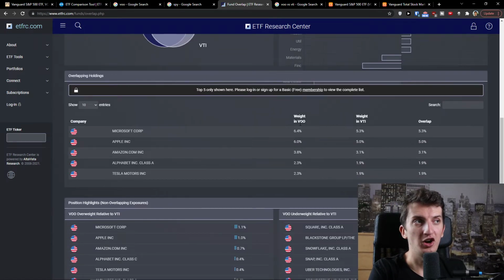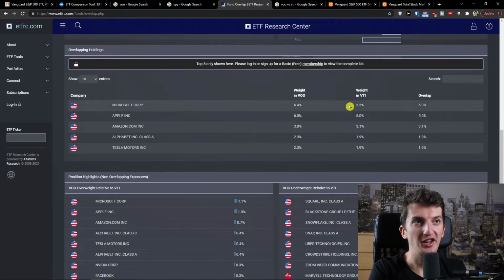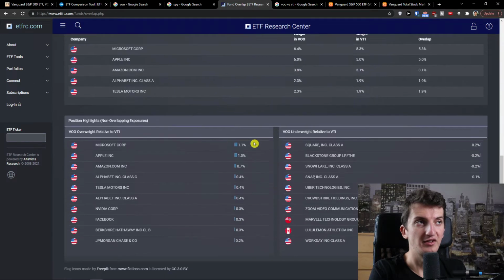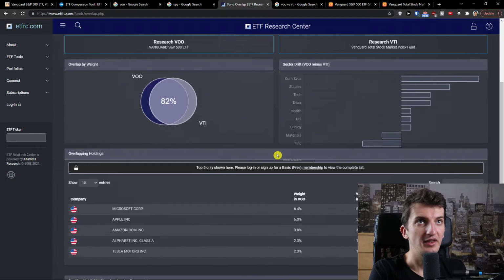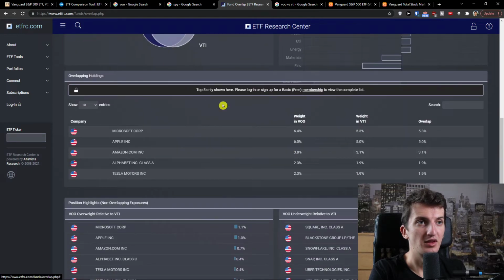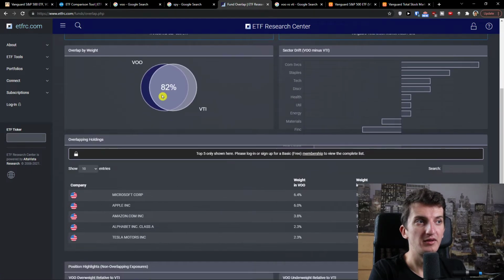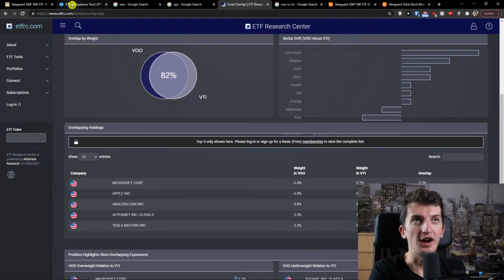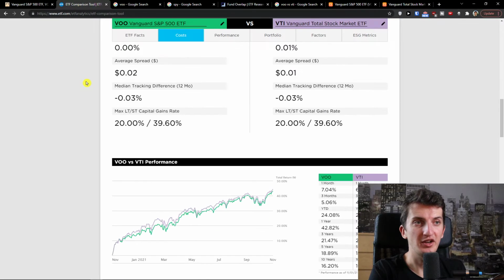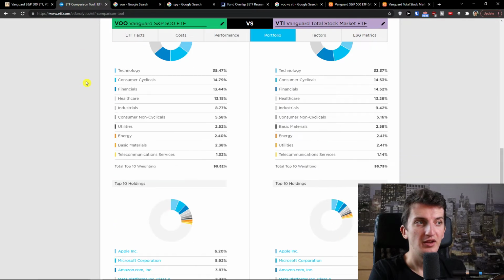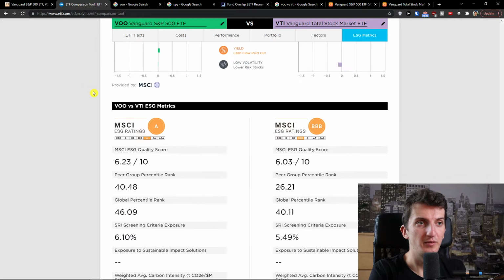Now, when we look at the weight in VOO and weight in VTI, you see 6.4, 5.3%, 5%. Now, when we go even further, I want to show you this.